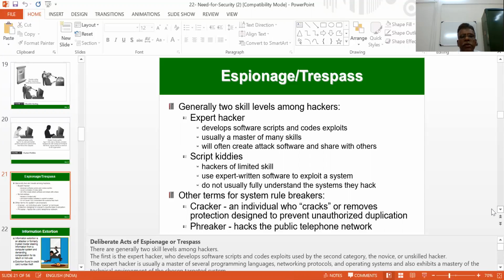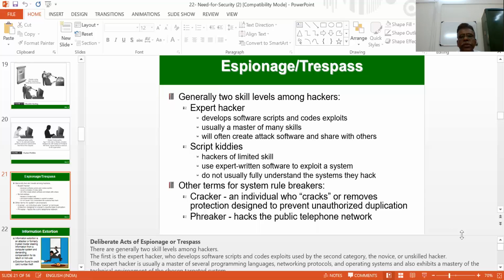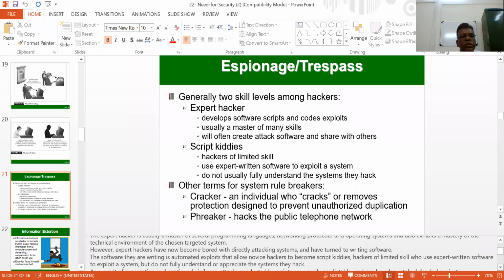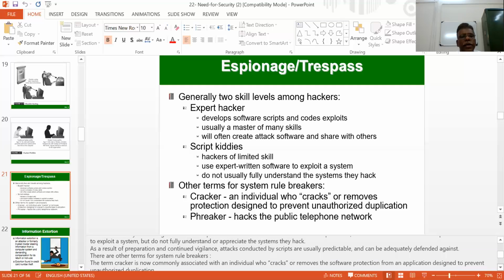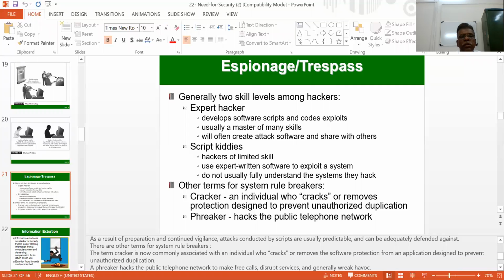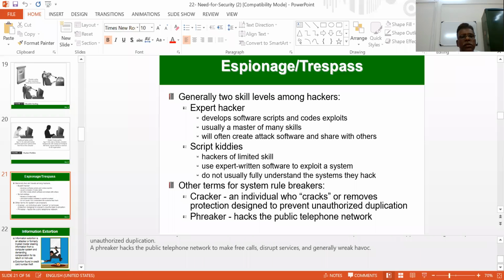Then phreakers. They hack the public telephone network. That is why they are phone hackers, and you can say phreaker, P-H-R-E-A-K. Those who hack, threaten, and fraudulently fake the existing communication system, we can say phreaker. The term cracker is now commonly associated with an individual who cracks and removes software protection, which is unauthorized.